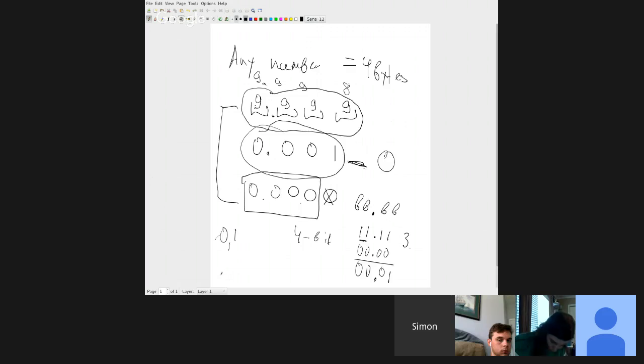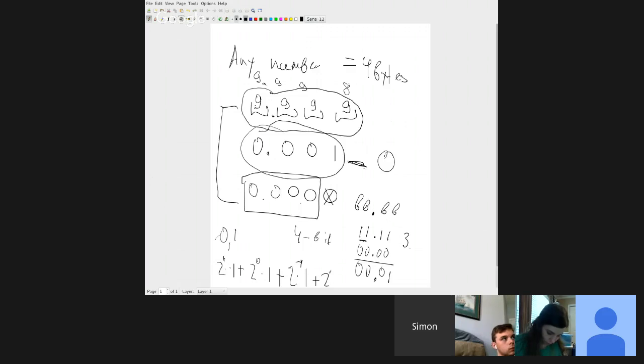Because it's going to be 2 raised to the power of 1 times 1, I addressed the first one, plus 2 raised to the power of 0 times that second one. Okay? If we want to continue, we have to go beyond the decimal point. So we want to continue decreasing the power of 2. So it will be that one, multiplied by 2 raised to the power of negative 1.